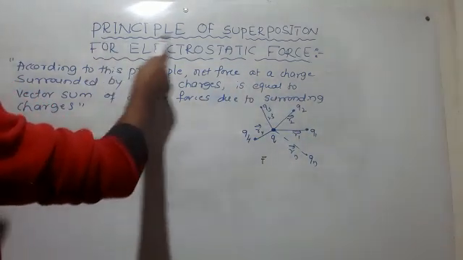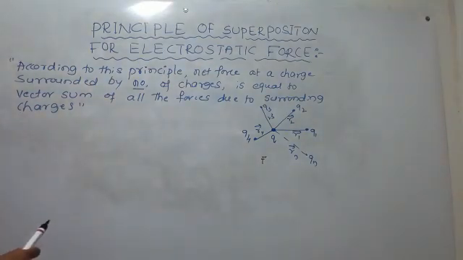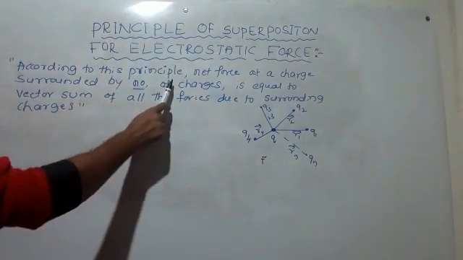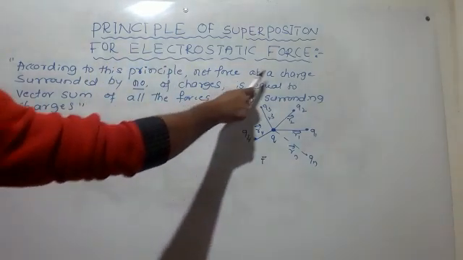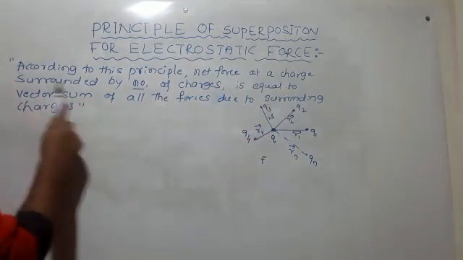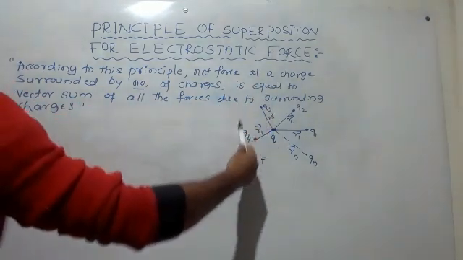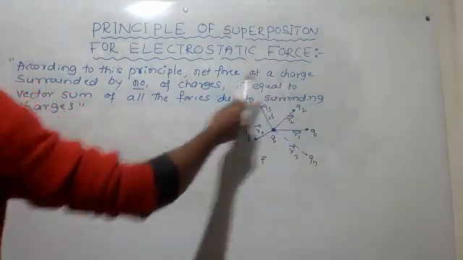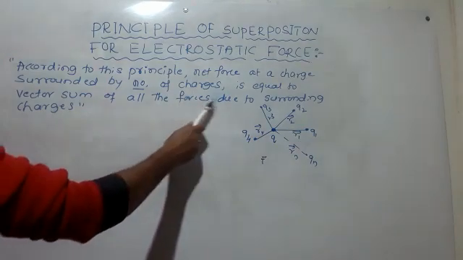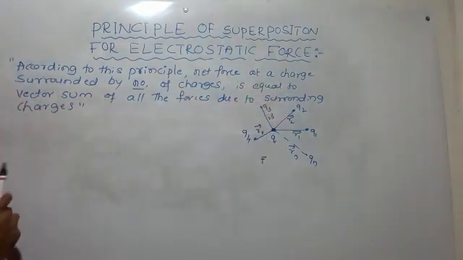That is explained by the principle of superposition for electrostatic force. According to that principle, the net force on a charge surrounded by a number of charges is equal to the vector sum of all the forces due to the surrounding charges.